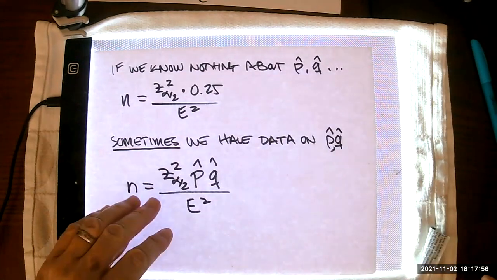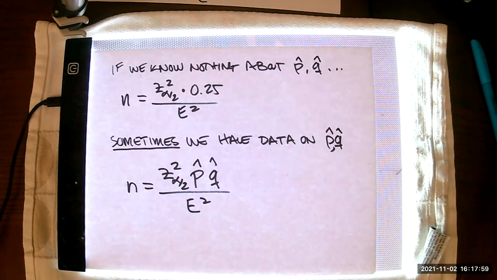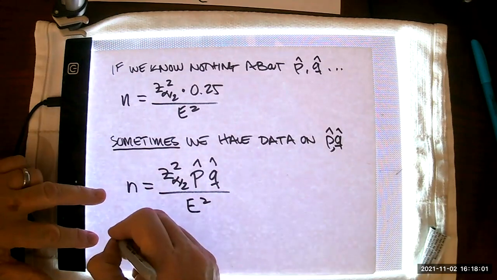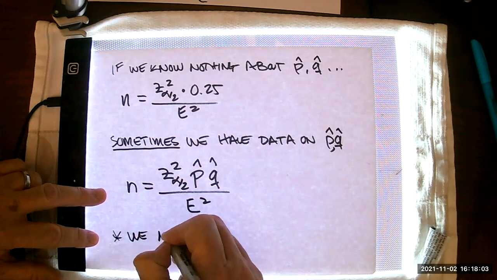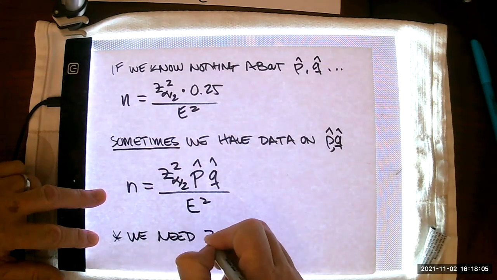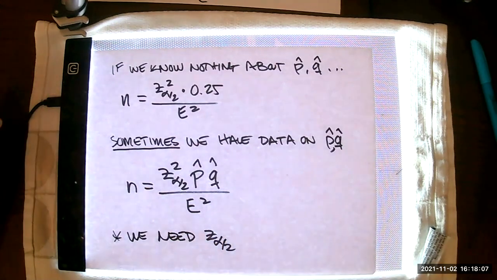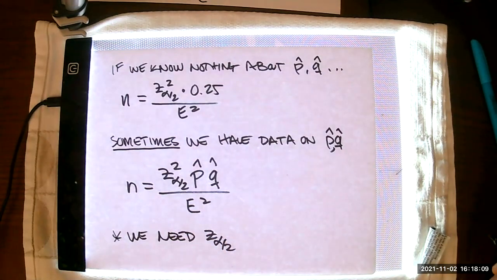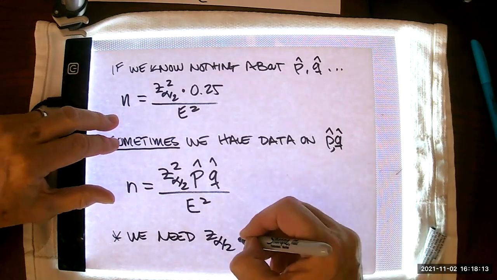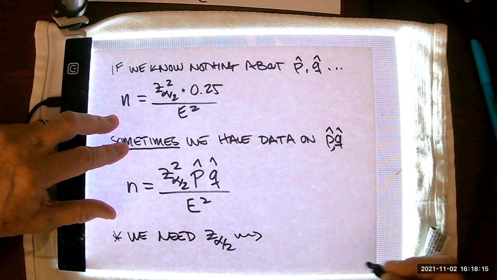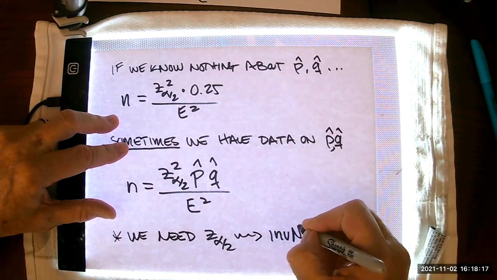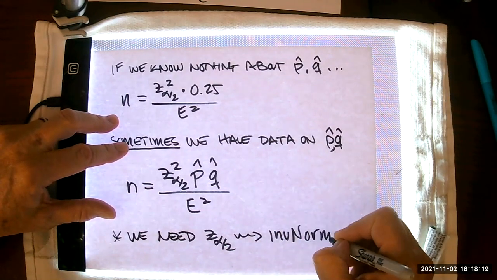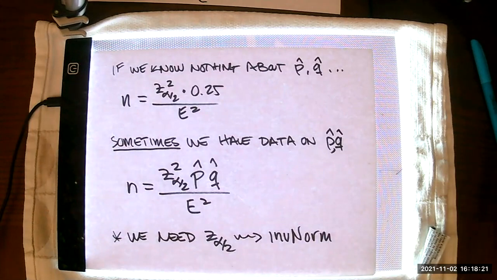Now, there's a couple of things that we need to note. We need a z alpha over 2. That's a critical value that we were talking about last night. So because we need a z alpha over 2, I will have to use that inverse normal tool to find that value.